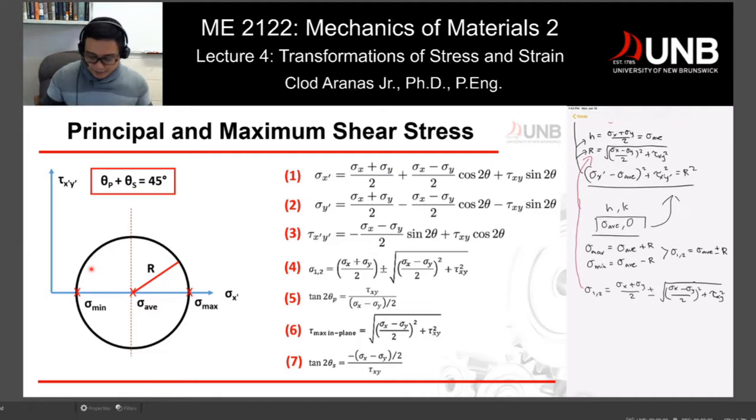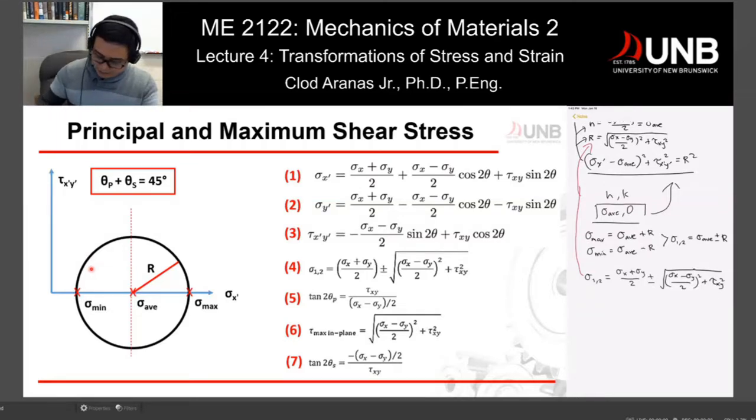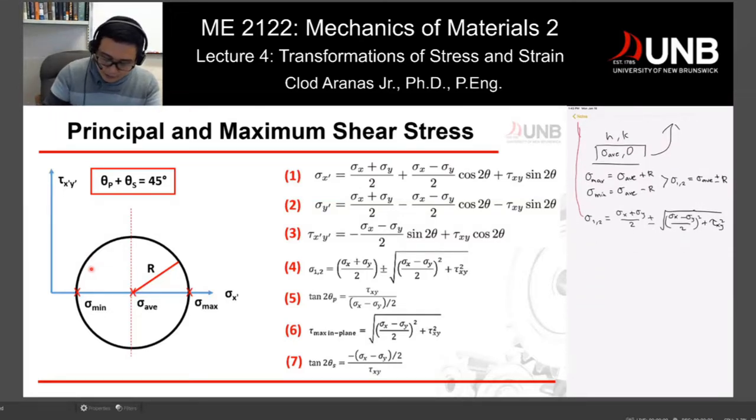Now, this is an important convention that you should know: if you rotate your element by a theta, the rotation in your Mohr circle, or in this coordinate axis, would be 2 theta.